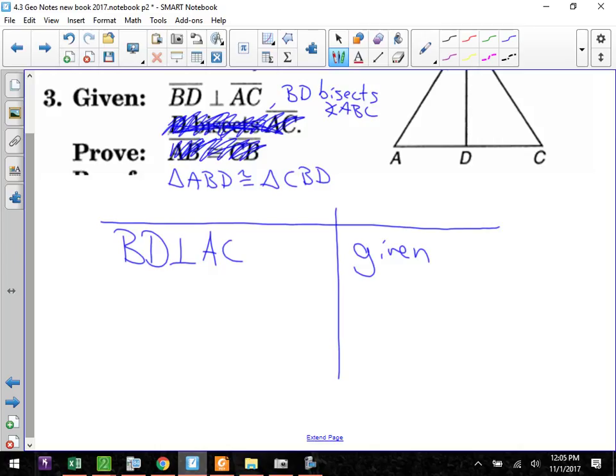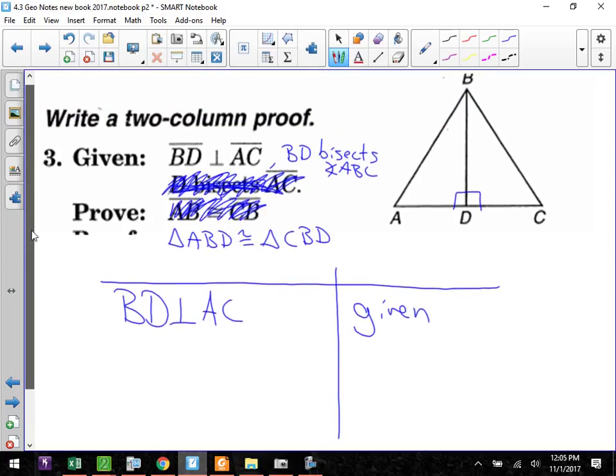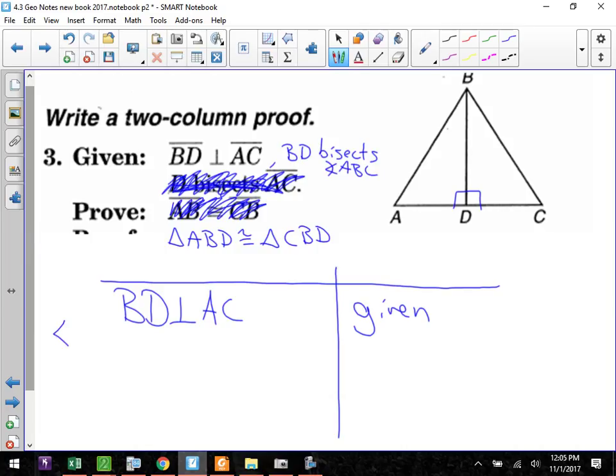Well, that means at angles ADB and CDB. Those two. So we know angle ADB and angle CDB are right angles.